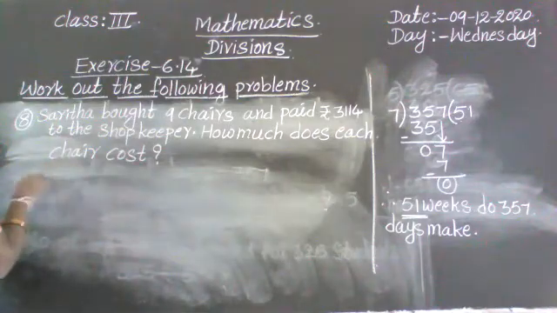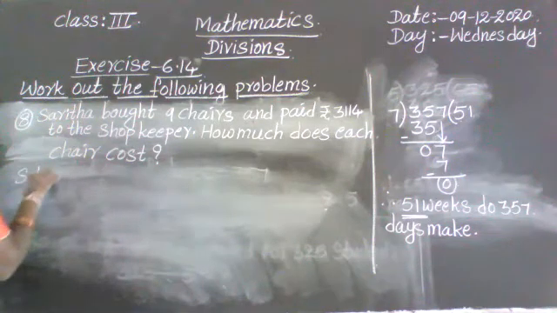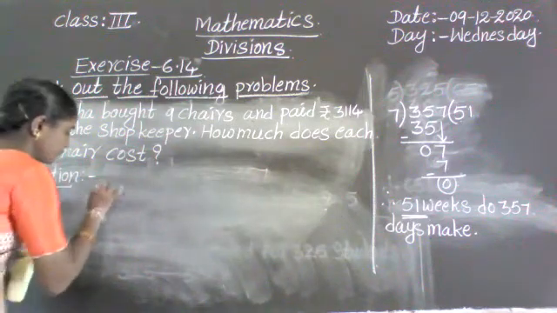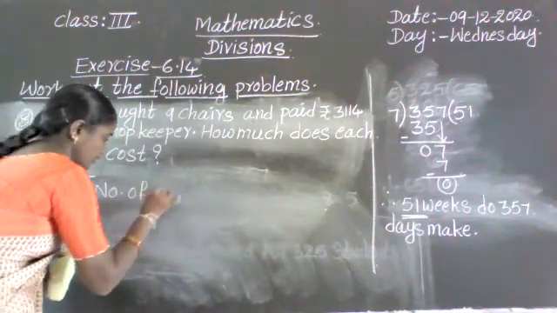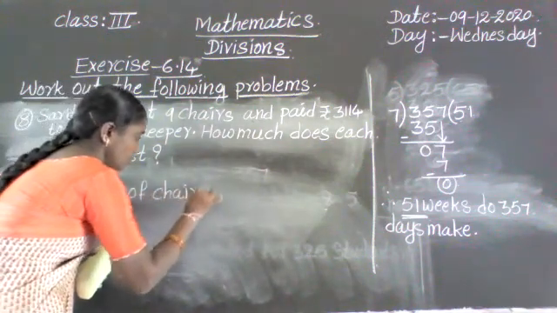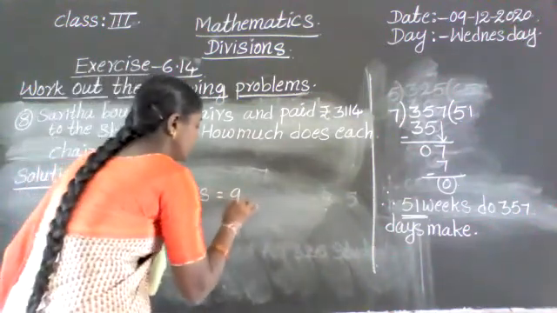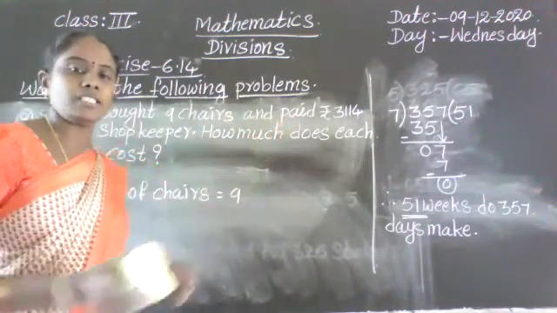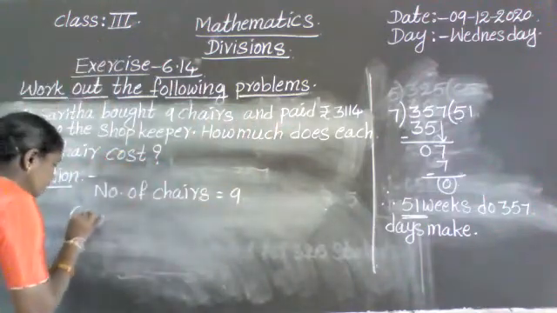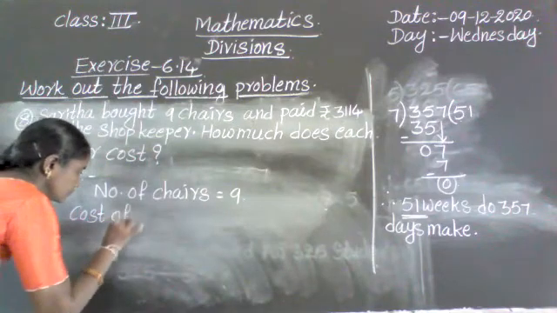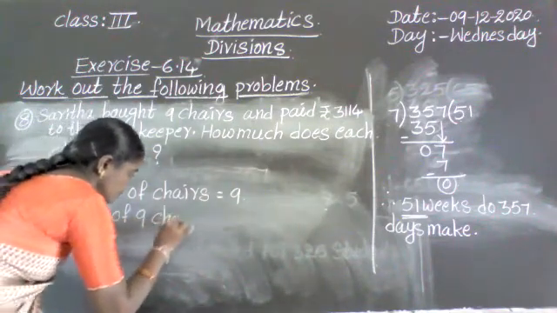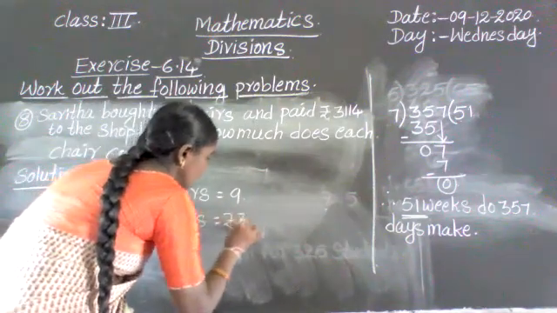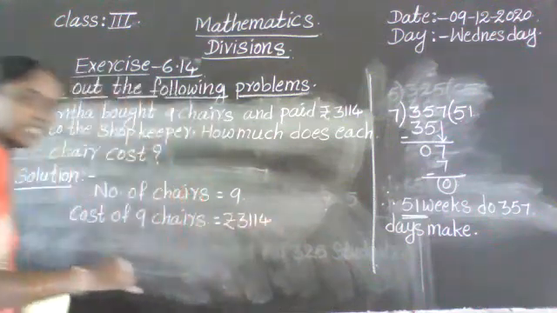So the number of chairs is 9. The cost of 9 chairs is rupees 3,114.